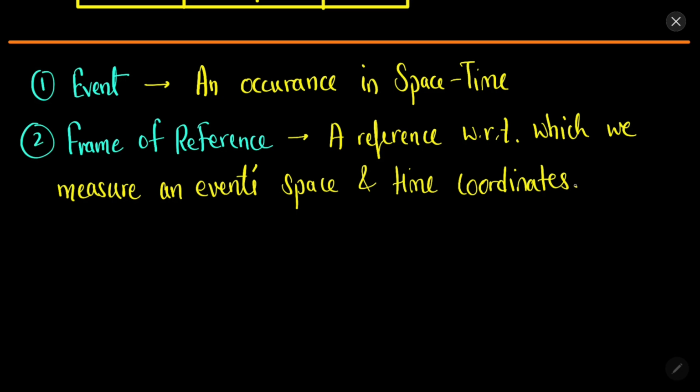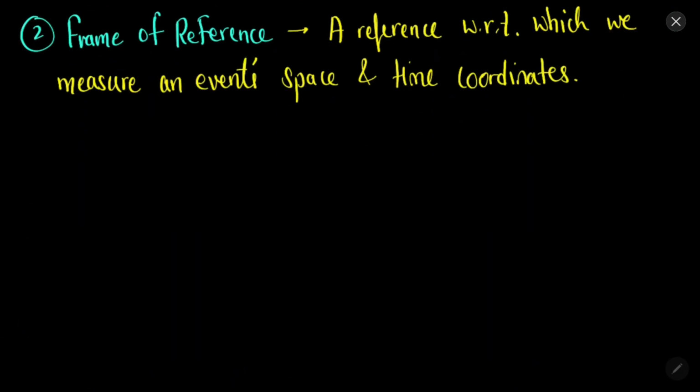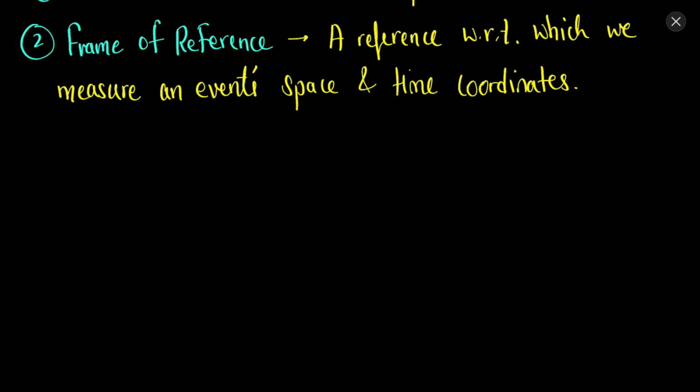For example, here this xyz was a frame of reference. From this frame of reference we found out the position of the car or the velocity of the car. So a frame of reference is a reference with respect to which we measure an event in space and time coordinates.